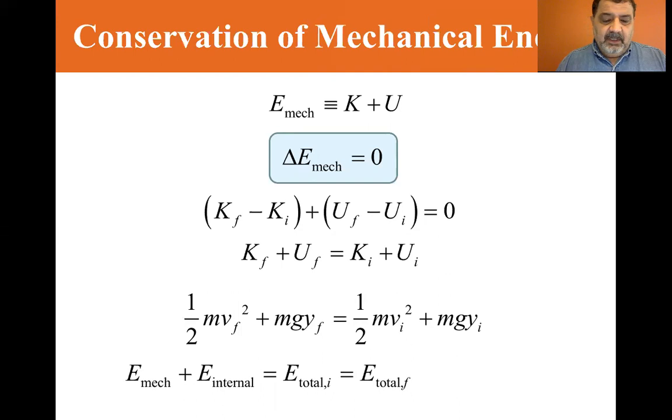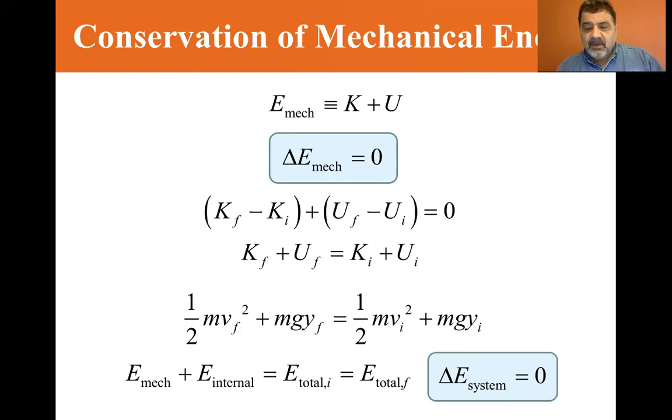The expression of the conservation of energy of the system is that the total change in the energy of the system is equal to zero. The E of the system includes all kinetic, potential, and internal energies.